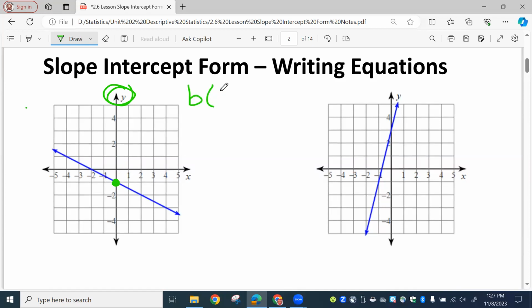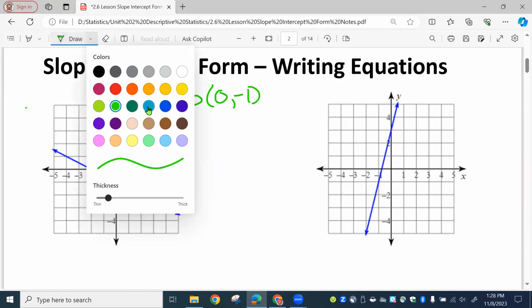Its x value is always going to be 0 because to get to this point, we don't go left or right. And then its y value is always going to be how high above our origin or below our origin our intercept is. So here it's -1, so it's 1 below. So its y value is -1.